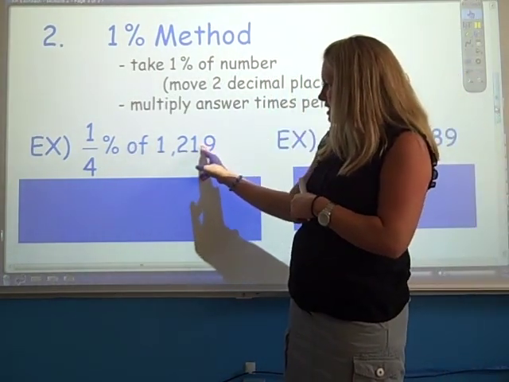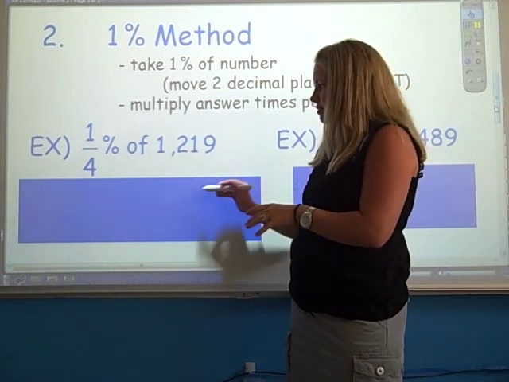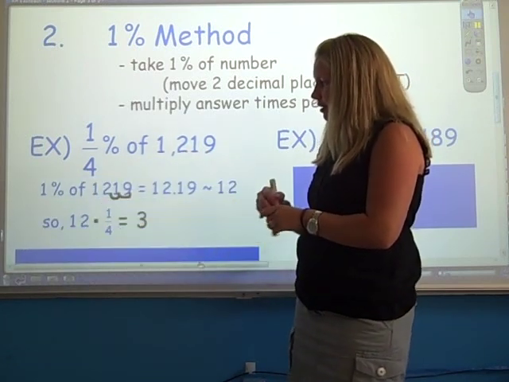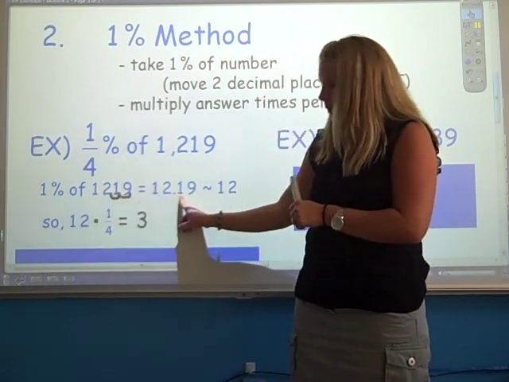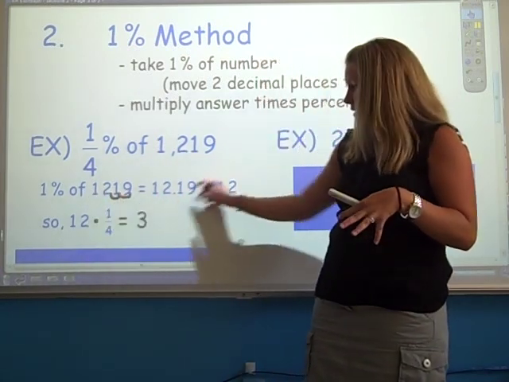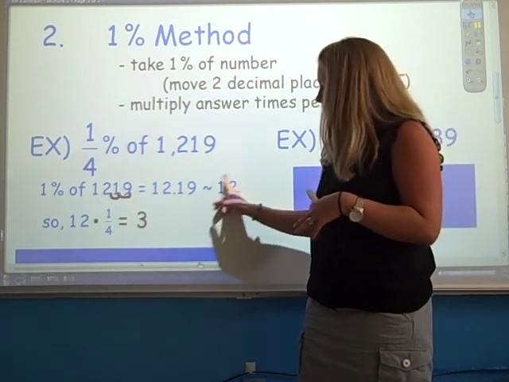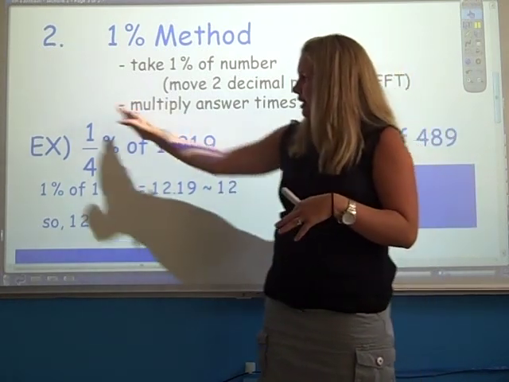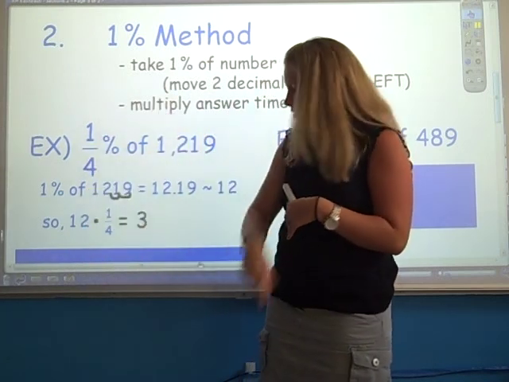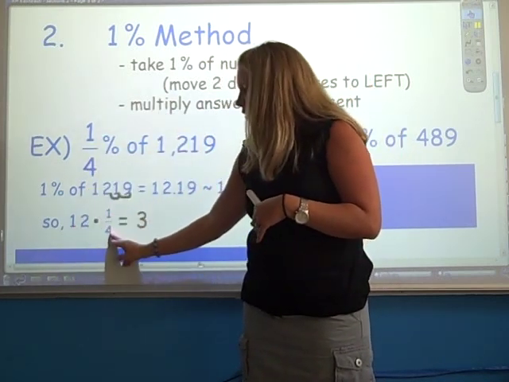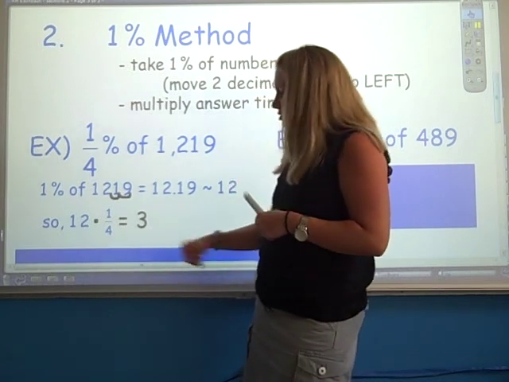What you do, move the decimal place over 2 places and multiply to the percent. So I moved this over, it becomes 12.19. I'm going to round that, I'm not going to work with 12.19. I make that 12. Multiply 12 times the 1/4, because you got rid of the percent by moving it over 2. 12 times 1/4, or 12 divided by 4, is 3, and that's your answer.